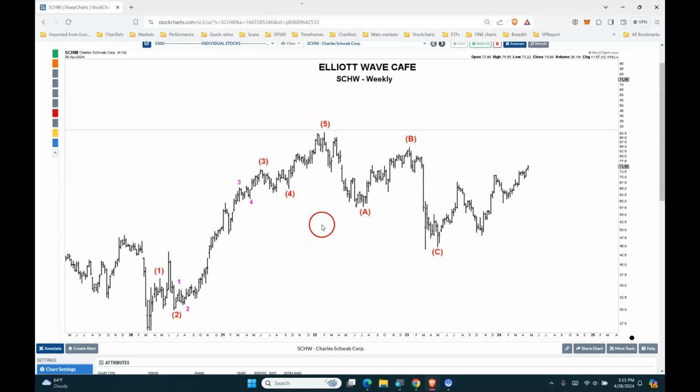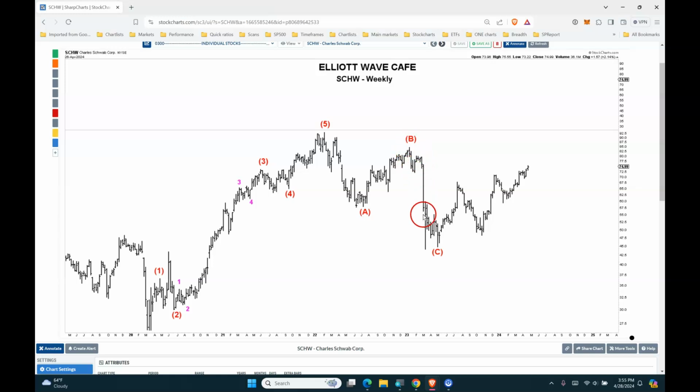Now from the top, we have your 1, 2, 3, 4, 5 for a wave A. Then you go up, and this A should be a little bit closer this way, and then you go up in another ABC move up here, and then you drop down in 5 waves.